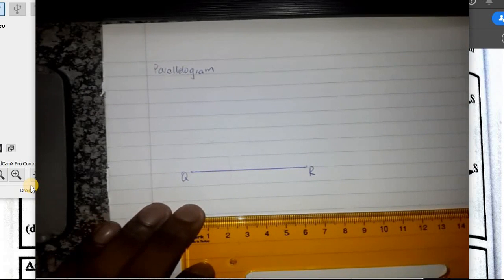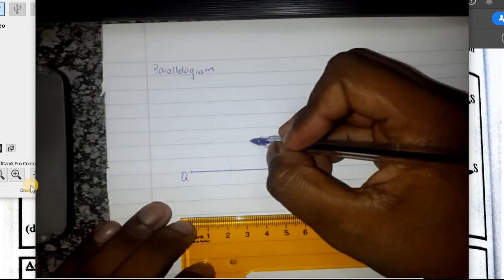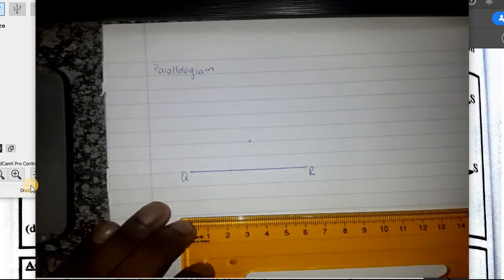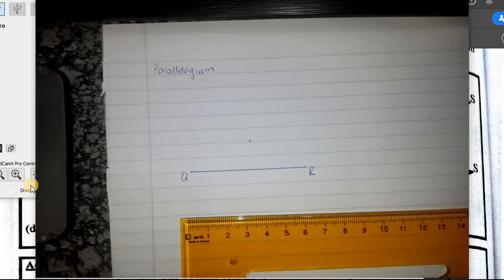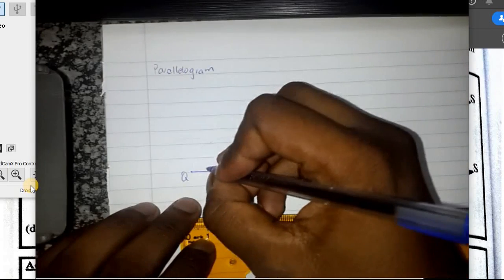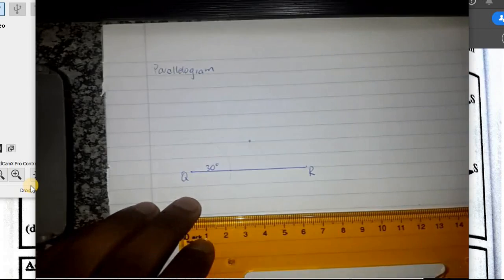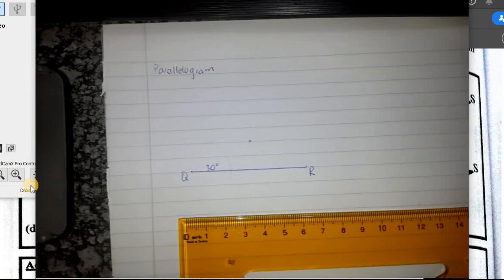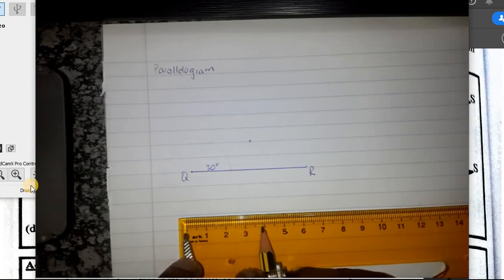In the last video you've seen that I've constructed the 30 degree angle, right? So that's my 30 degrees. They said that this next line is 4 centimeters long, so we're going to open up to 4 centimeters. Let's check that, get a bit more accurate. There we go.